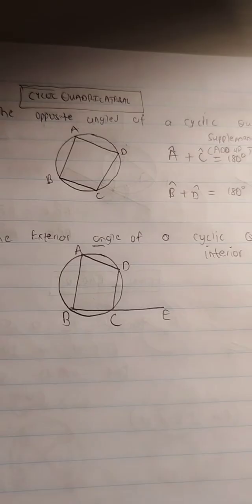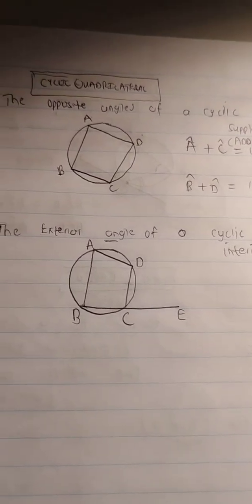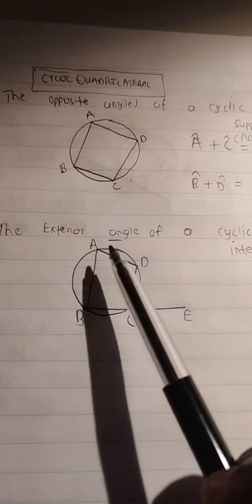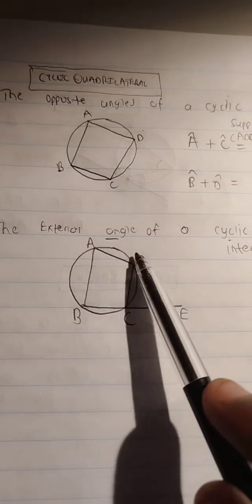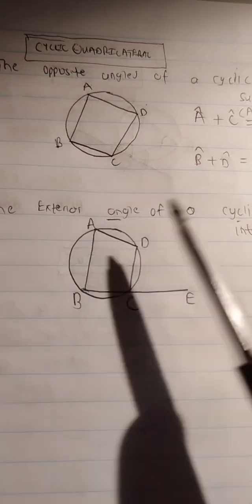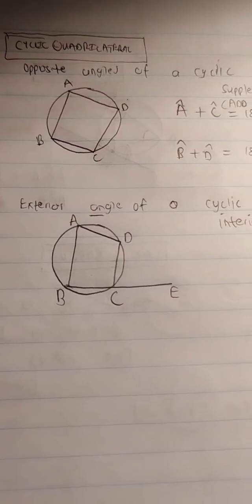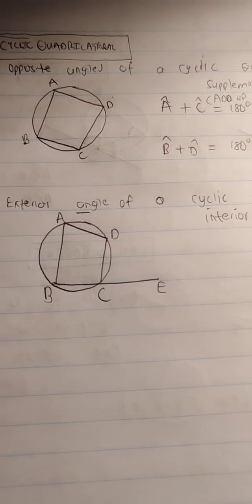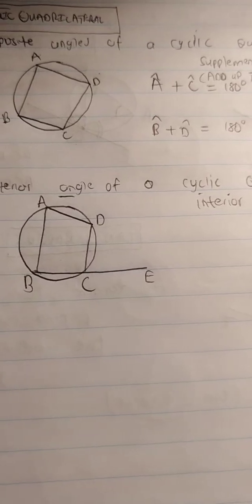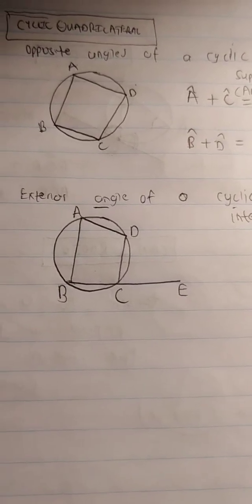So let's look at this diagram that we have right here. I want to just emphasize something here, guys, that this exterior angle that they are talking about, if you look at A, B, C, D, it's an obvious quadrilateral, which is a cyclic quad. That is one of the conditions that need to be in place for this exterior angle to then be identified, and we need to identify it as per what we understand the exterior angle to be.